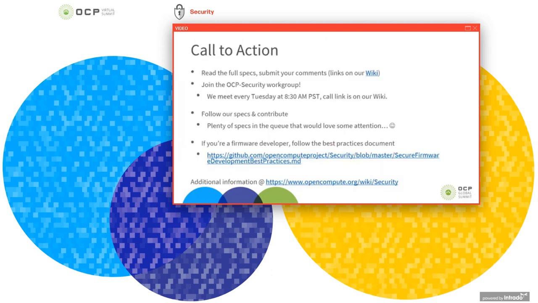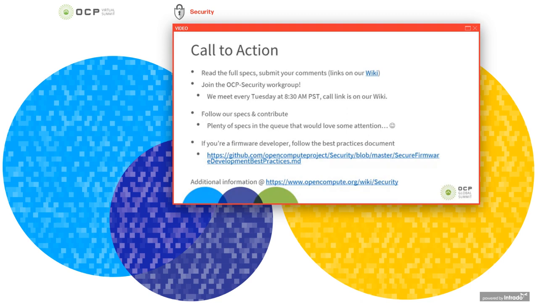Hopefully this gave you the big picture, and you now better understand what we are trying to achieve here. Here is what I wanted to do next. First of all, if you have the cycles and the knowledge, please read the full specs and give us your comments. We are still working on the specs. Some of them are closer to being done and some are still work in progress. So feedback is welcome and help is welcome.